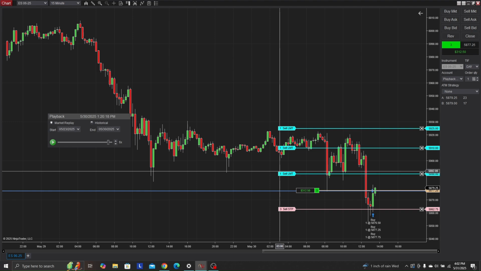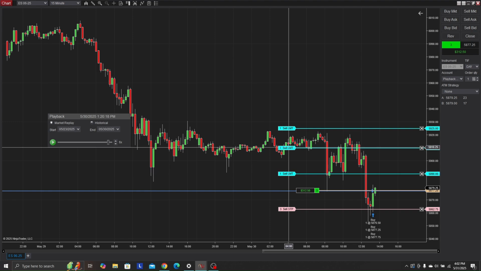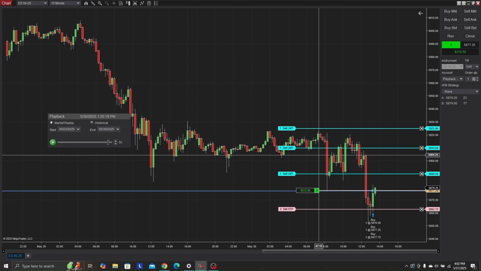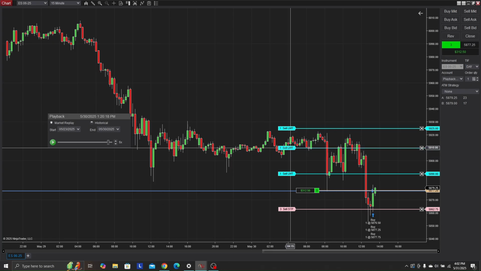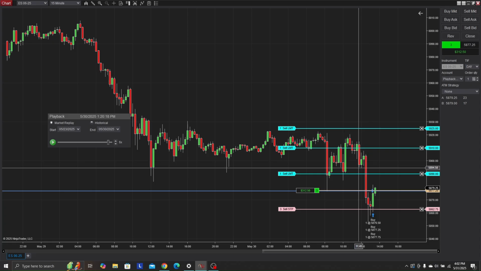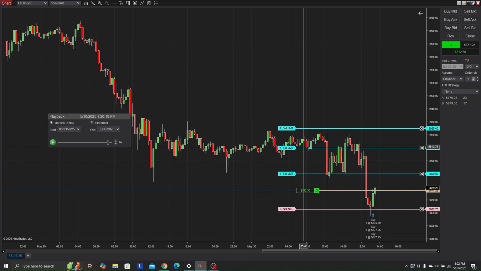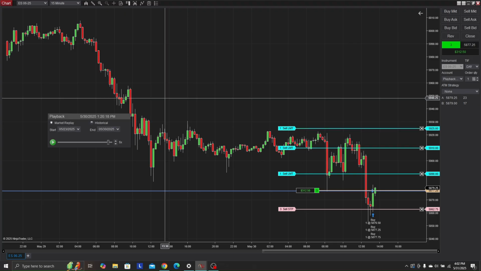First target, bottom of range. Second target, really the middle of this overnight range, or you could say the top of the beginning of this breakdown here. And then the top of the range. Those are our three targets. That's why I entered with 3 contracts.